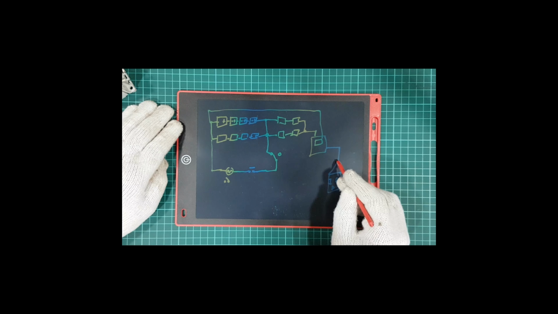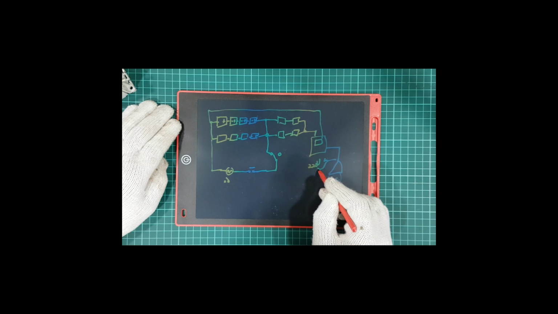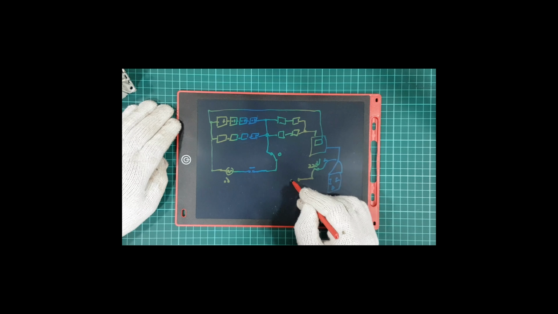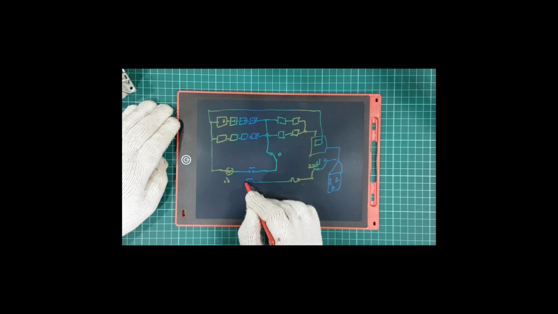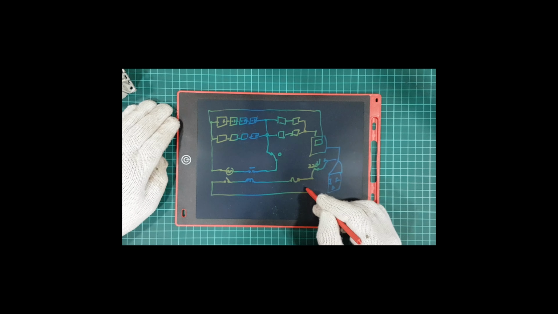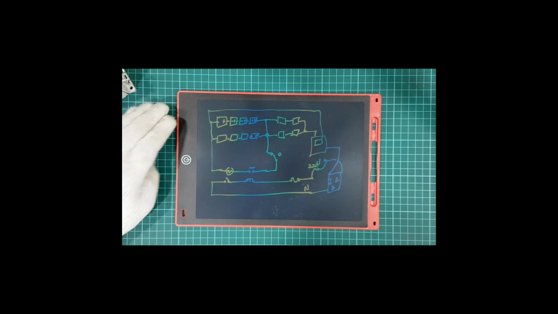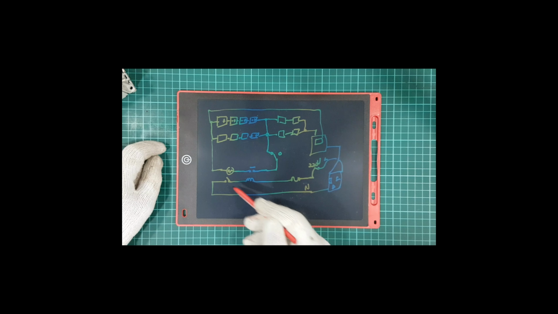Then from our DB we will have a 220 volt line or a live, which will then go through a safety fuse or a breaker to the coil, to the switch, and then with our neutral line back to the house. So when the geyser is cold, the thermostat will close.